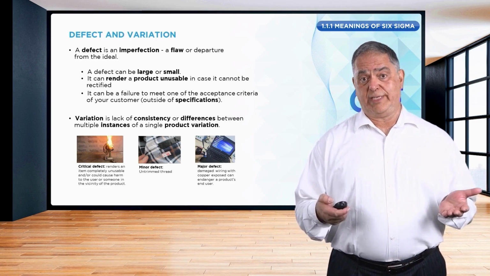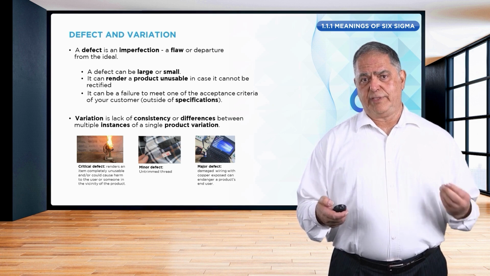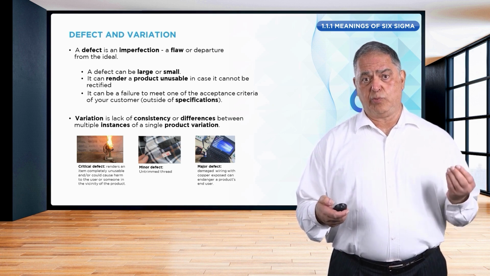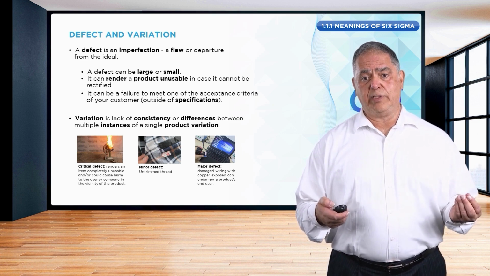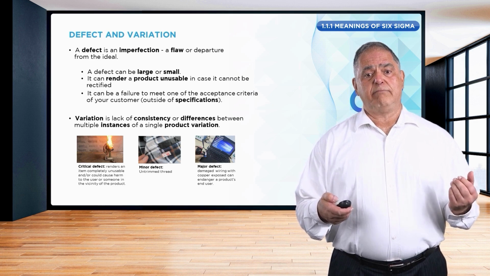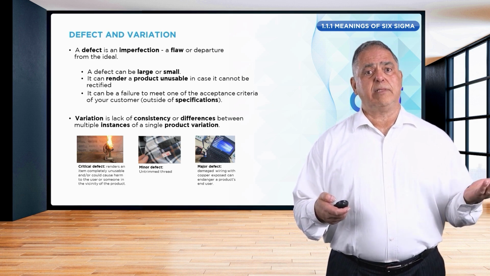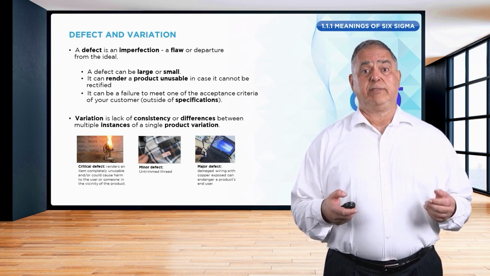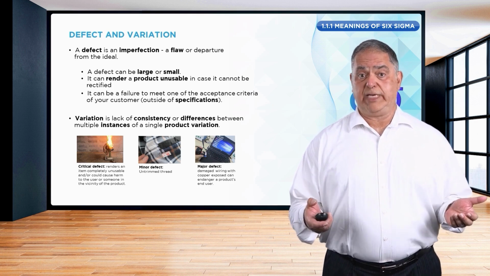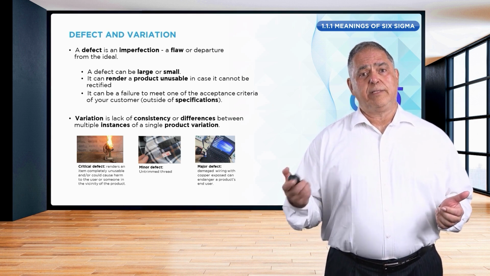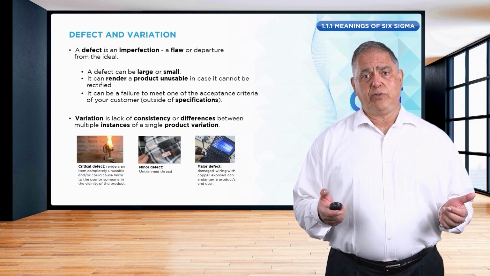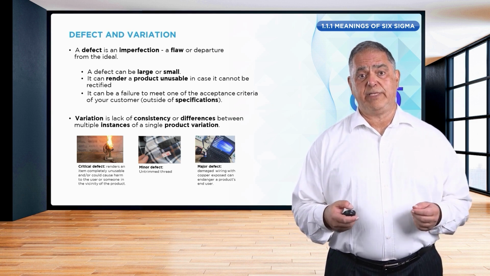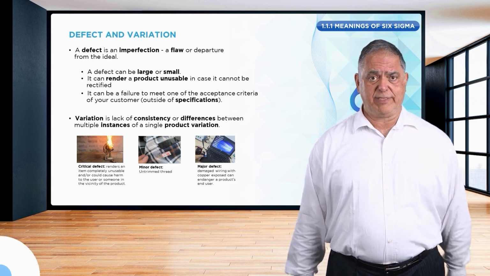There are always differences, and these differences are attributed to what we call natural variation. This is common cause variation, as we're going to learn, which is natural variation in every process. And there's also special cause variation, which is manifested by external events.